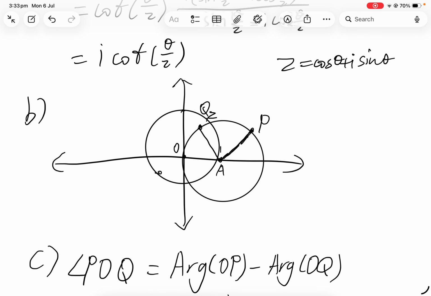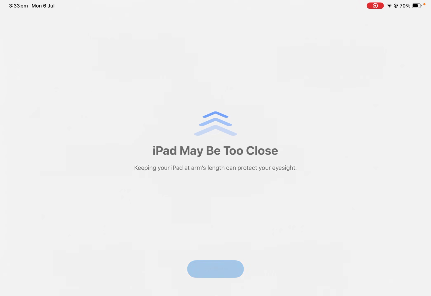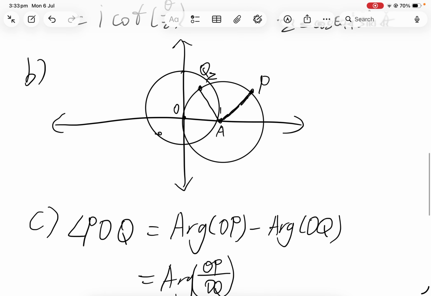Yes, 1 minus. So if you do 1 minus this value, it should be over here. Should it? I think so.